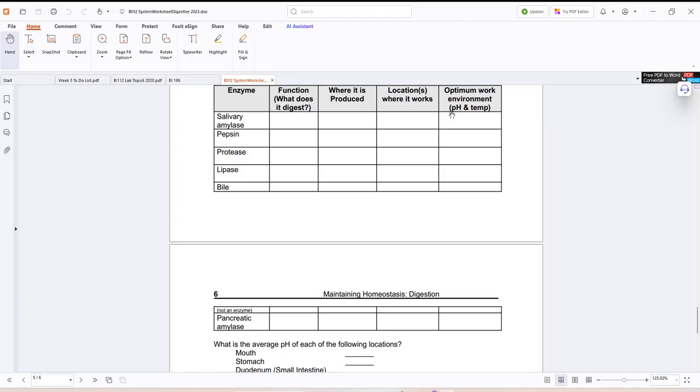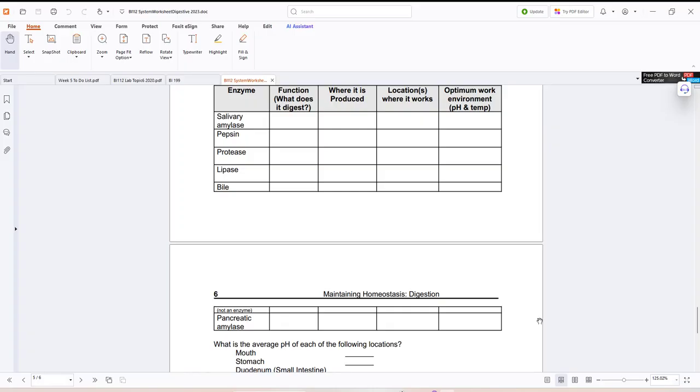It's interesting, because your stomach is highly acidic, so the enzymes in your stomach have a very low optimal pH compared to the enzymes in your upper digestive tract, like your mouth and esophagus, and your lower digestive tract, such as your small intestine and large intestine. Both of those environments have a higher pH.